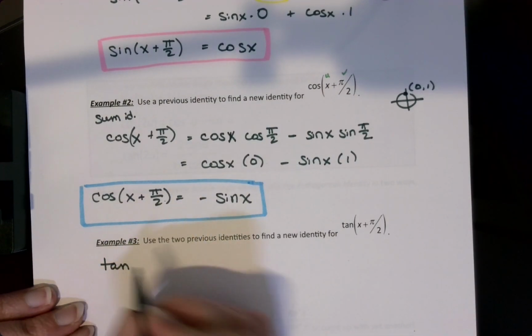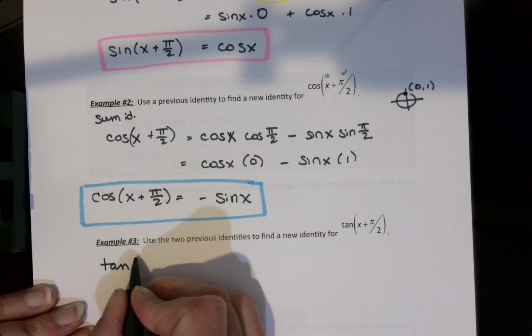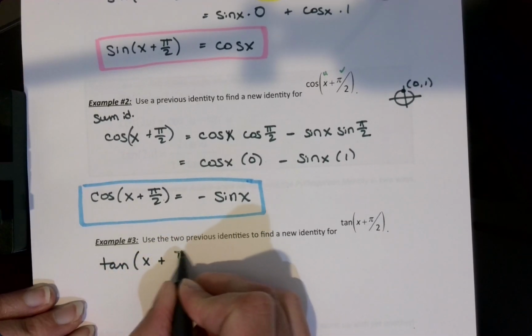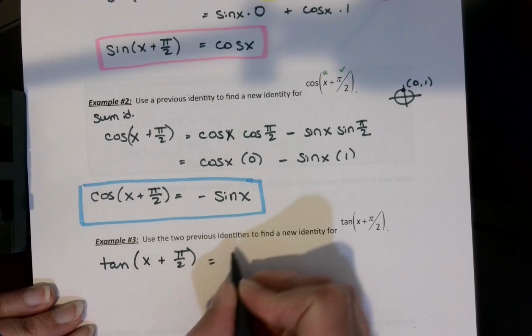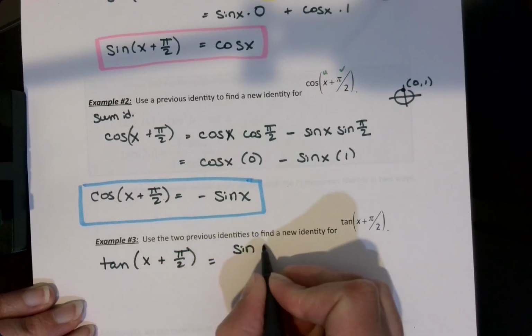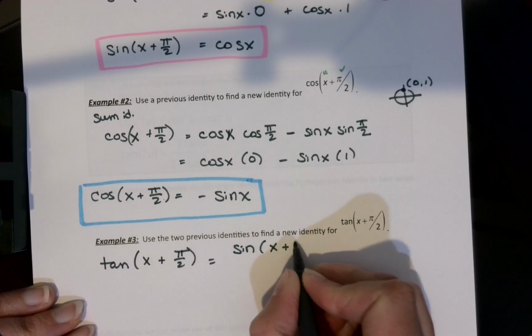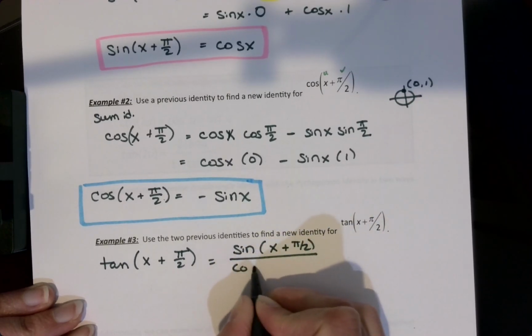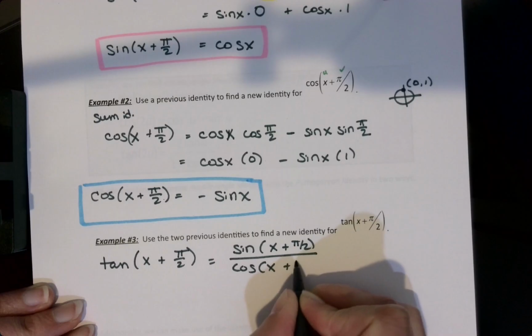If I use the two previous, I know that tangent of anything, including tangent of x plus pi halves, is equal to sine of that same thing, sine of x plus pi halves, divided by cosine of that same thing, cosine of x plus pi halves.